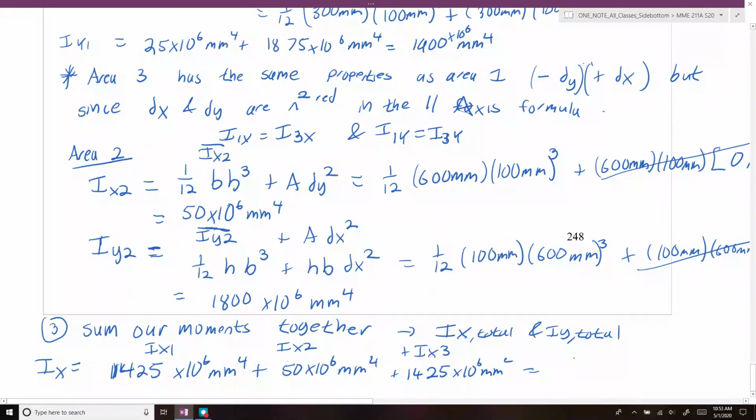We add this all together and end up getting 2.90 times 10 to the 9th millimeters to the 4th.